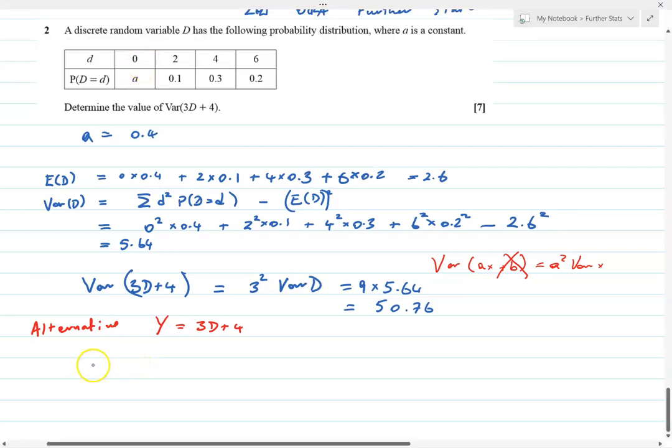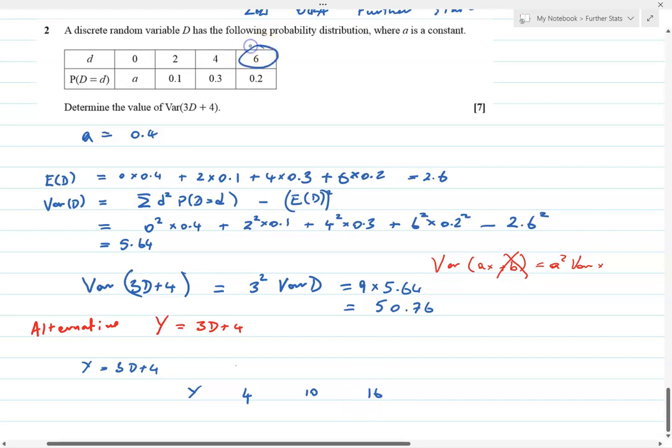So if Y is equal to 3D plus 4, that distribution would be: 0 times 3 plus 4 is 4. 2 times 3 plus 4 is 6 plus 4, which is 10. 4 times 3 plus 4 is 12 plus 4, which is 16.